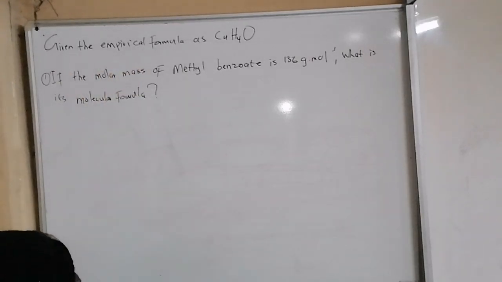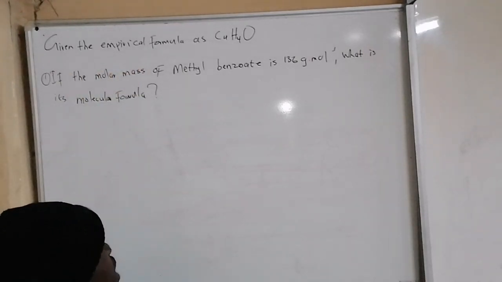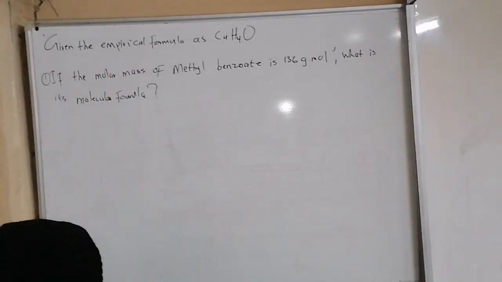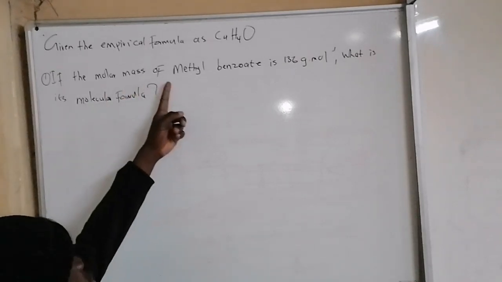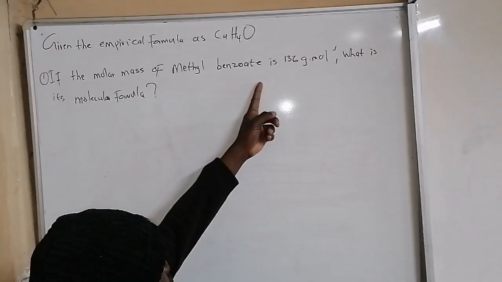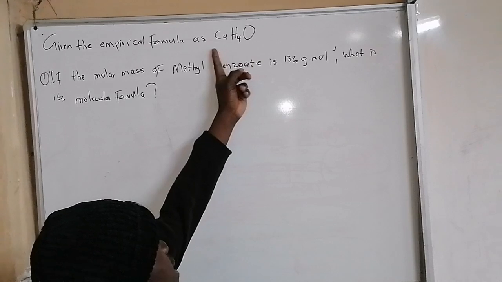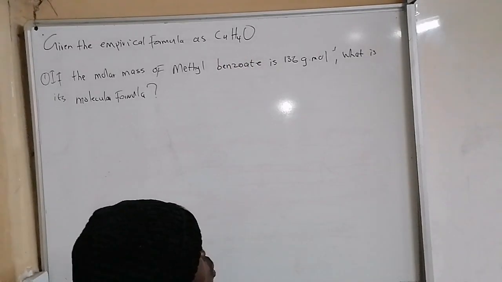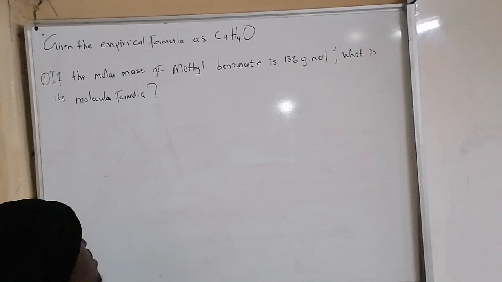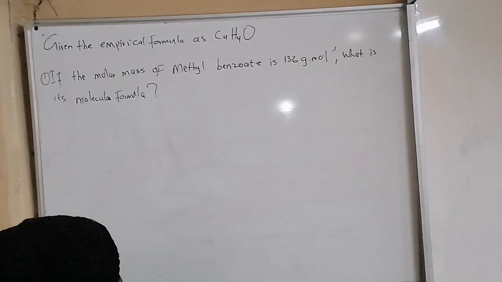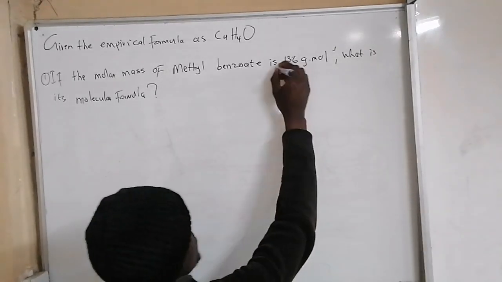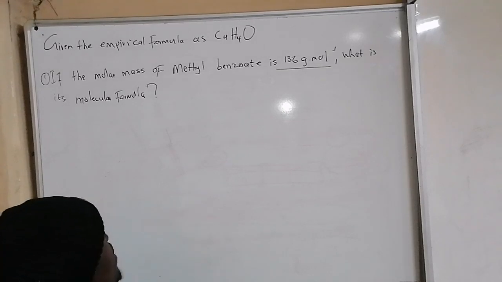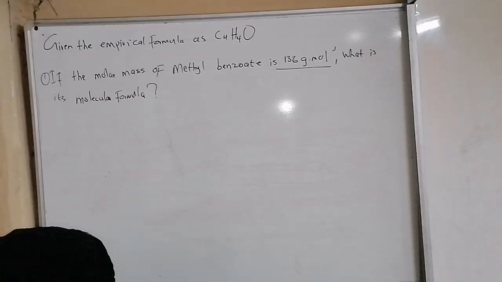Given the empirical formula as C4H4O, if the molar mass of methyl benzoate is 136 gram per mole, what is its molecular formula? Remember, you will always be given the molar mass of the molecular formula.